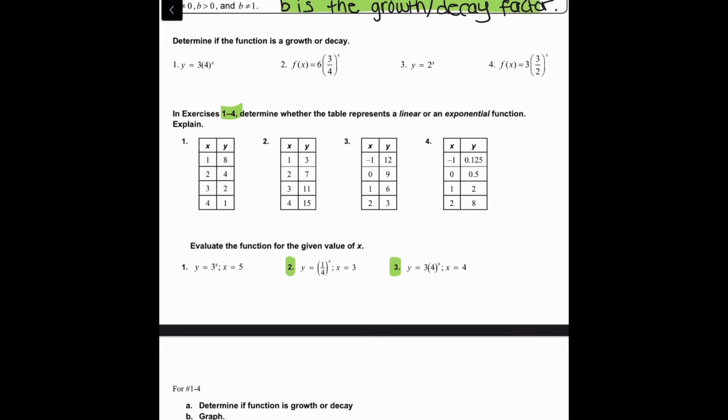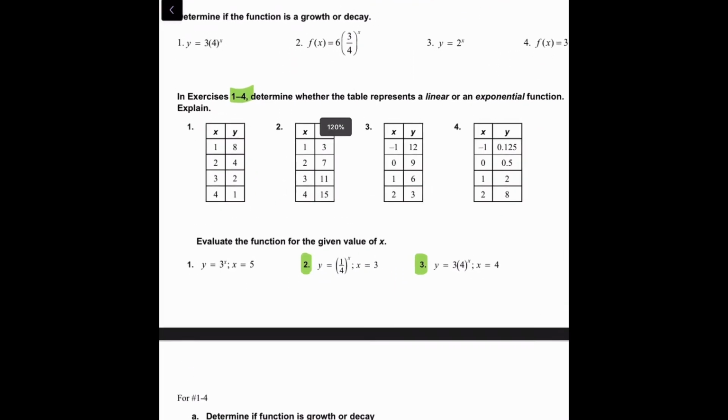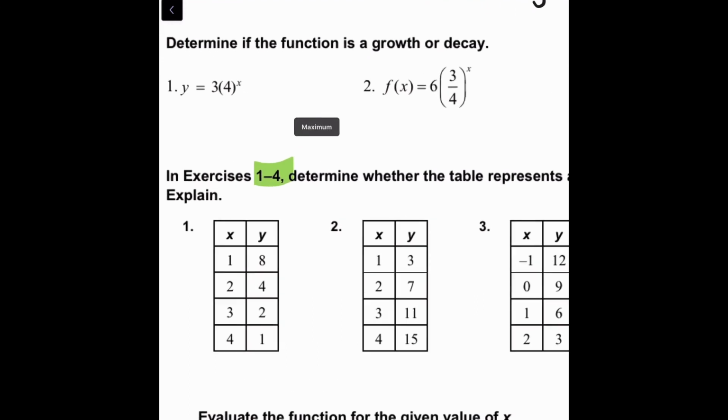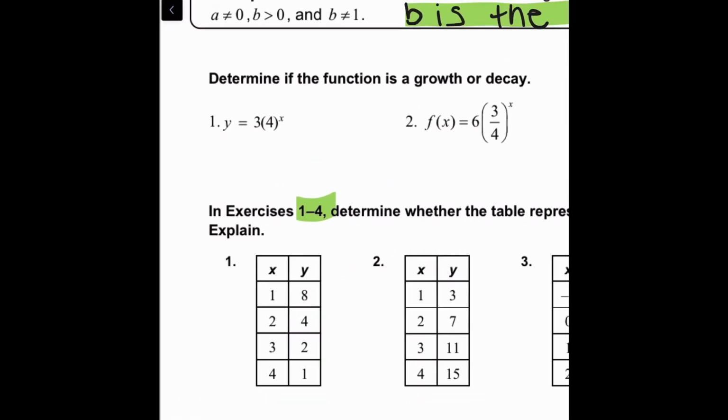Number 1 says determine if the function is growth or decay. A relationship you should probably write down here is that when b is greater than 1, it's an exponential growth function.